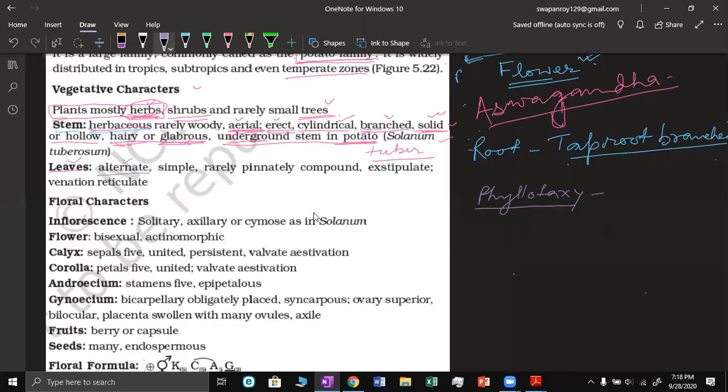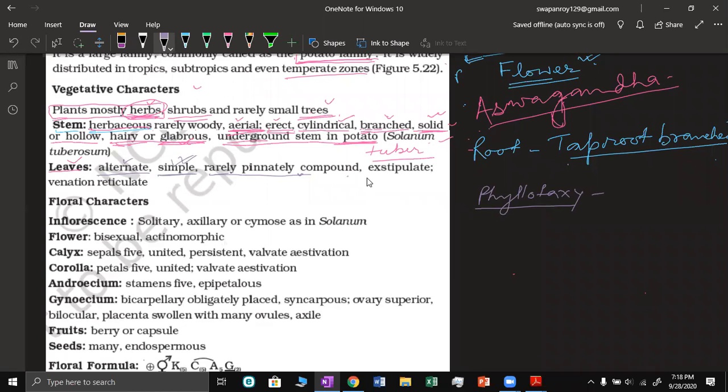After that, is the leaf simple or compound? It is simple, rarely pinnately compound, which is very rare. If you don't write this, that will also do, because mostly it is a simple leaf.